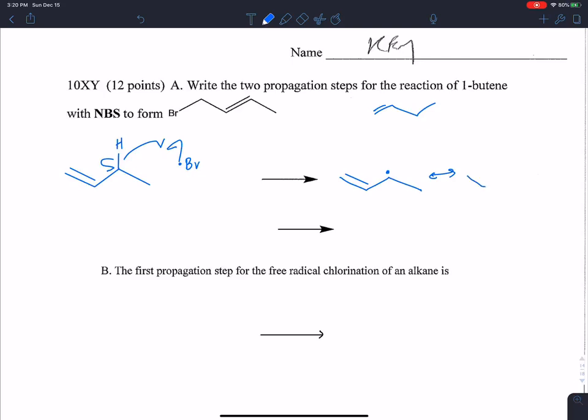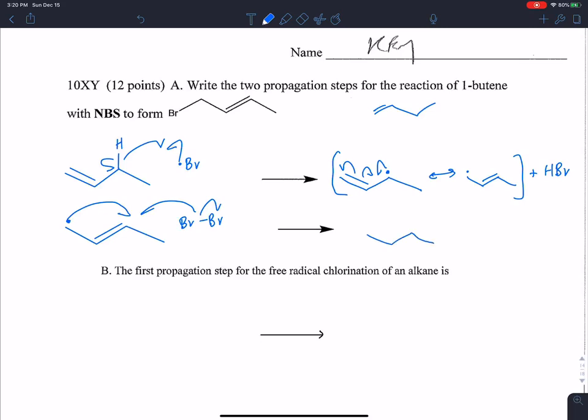The resonance makes it go in the middle because that's more stable. Plus your HBr. The second step is to use your molecule now, like this, with Br2. This goes here, and this forms the Br bond. So I end up getting the final answer, which is this, plus Br with the little dot. Those are your 2 propagation steps.